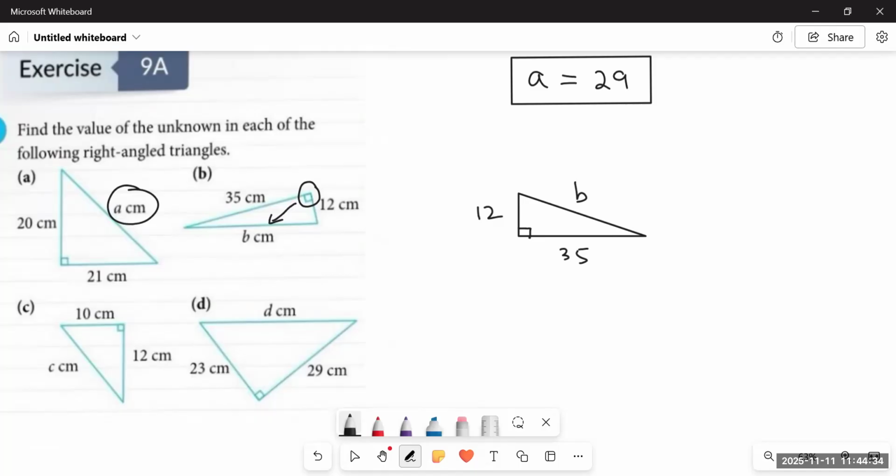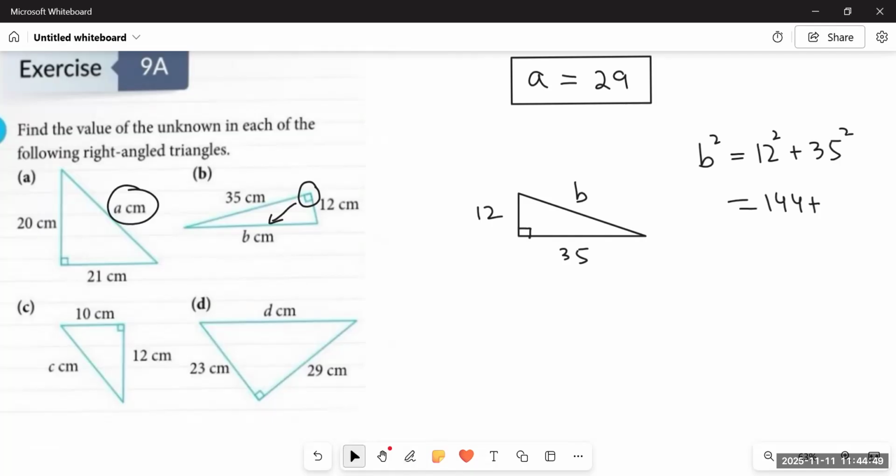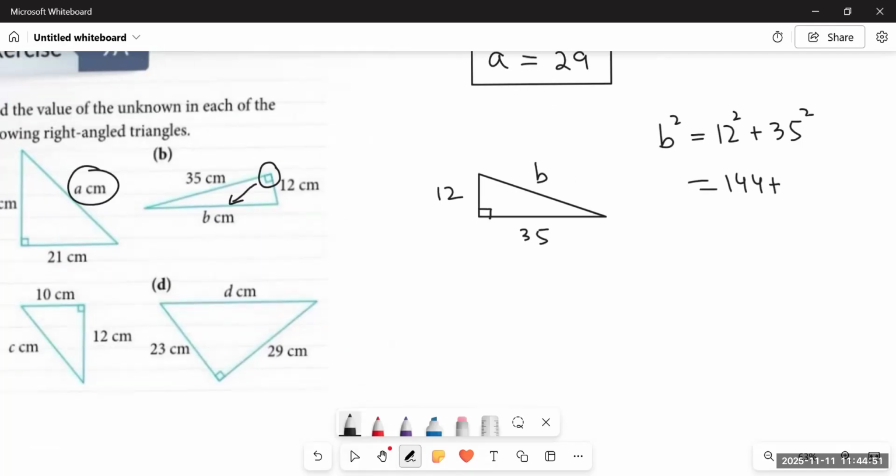So here B is the hypotenuse. So the formula we are supposed to use is B square is equals to 12 square plus 35 square. Right? So the square of 12 is 144 and that of 35 is 1225.